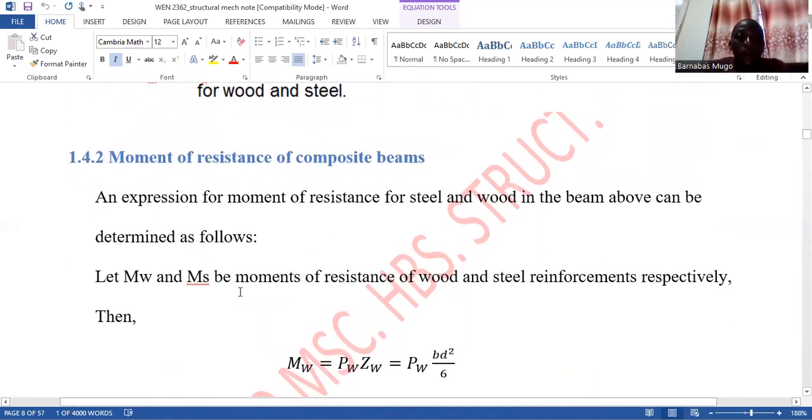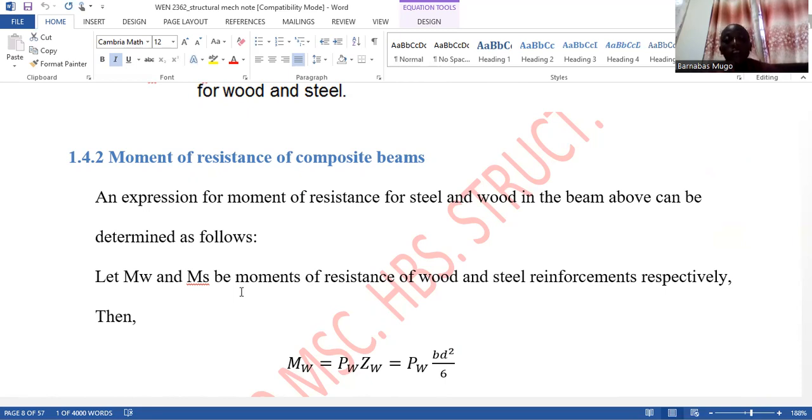And then from there, we need to know how to determine the moment of resistance of a composite material. If you remember well, we said that an expression for the moment of resistance for steel and wood in the beam above is determined by taking the stress and multiplying by the lever arm.